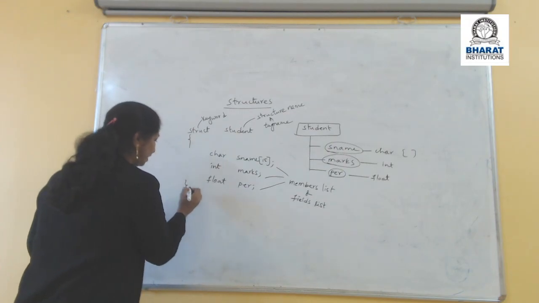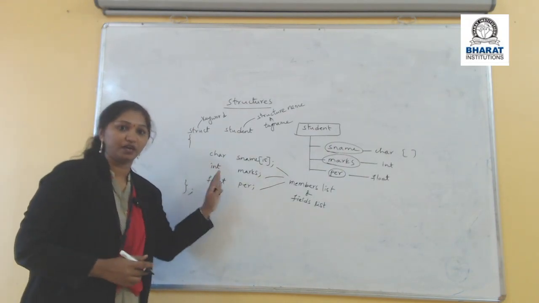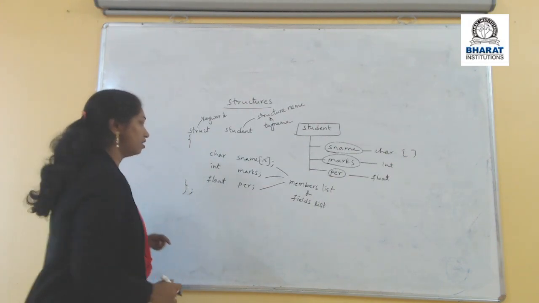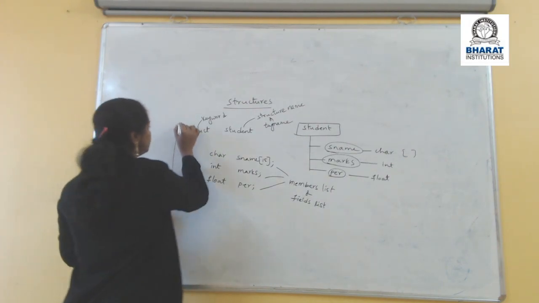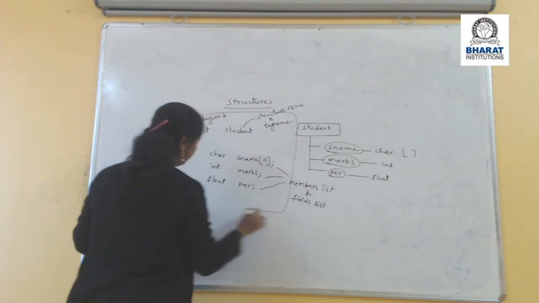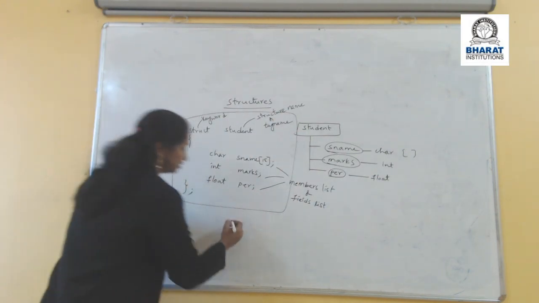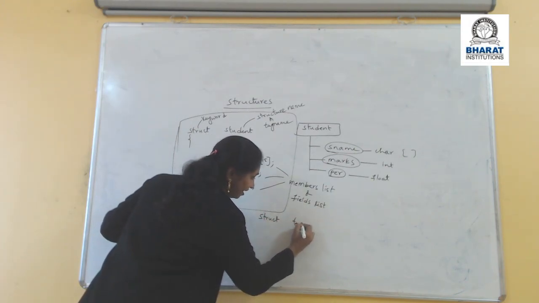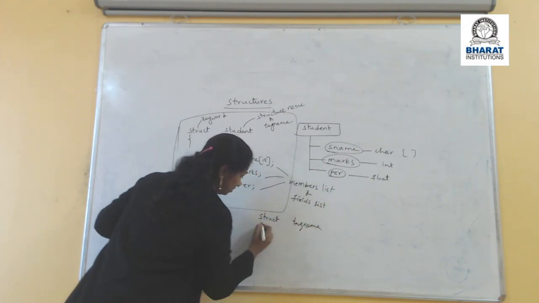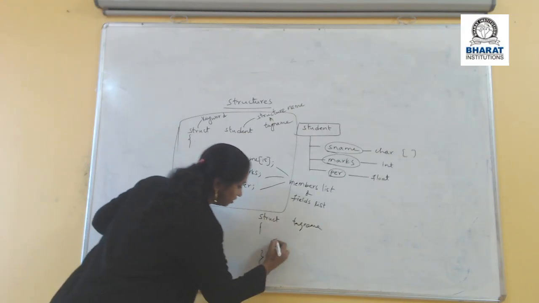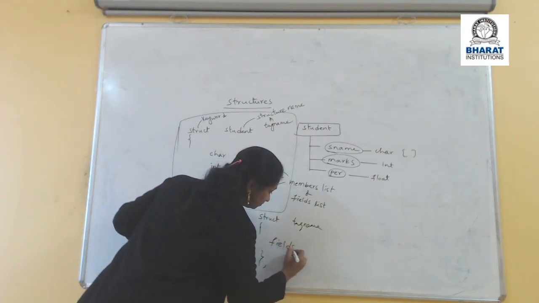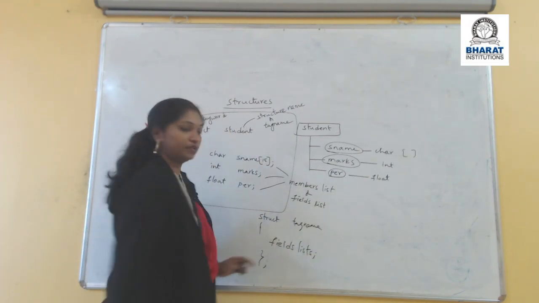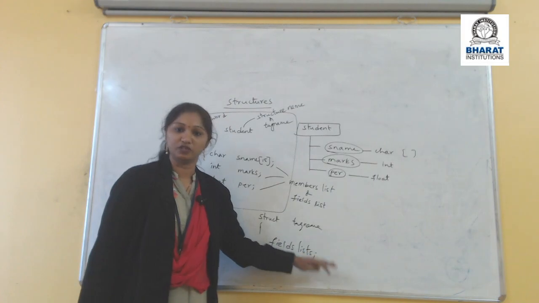So we are completing this structure declaration with a semicolon. Now this is a student structure. For this we can say the syntax is struct tag name, open brace, the fields list, closing brace. In this way, we have to declare the structure.